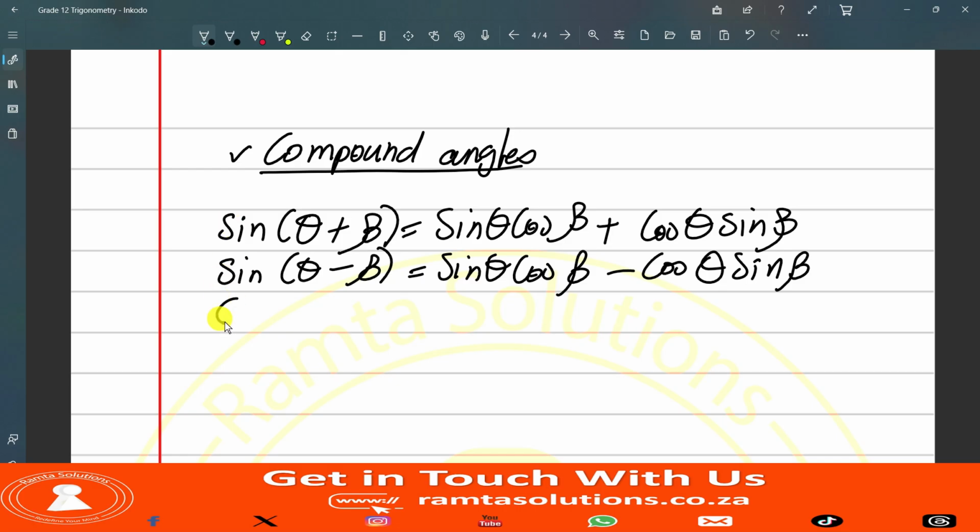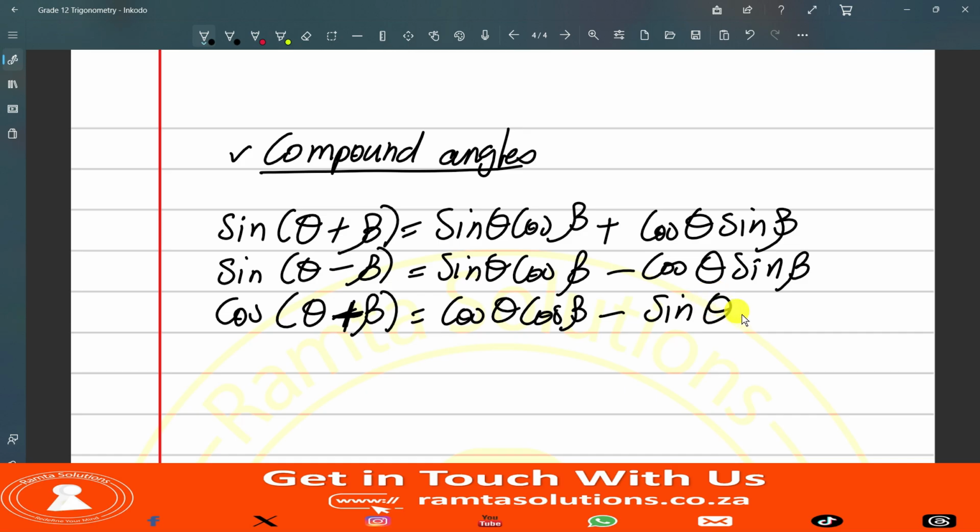Then let's go to cos. I'm going to start with theta plus beta. This then becomes cos theta cos beta. Because it's a plus, it'll become a minus sine theta sine beta. Then let's try cos but with a minus.